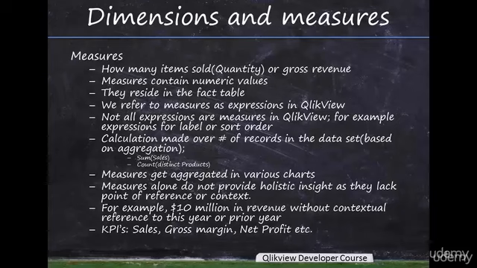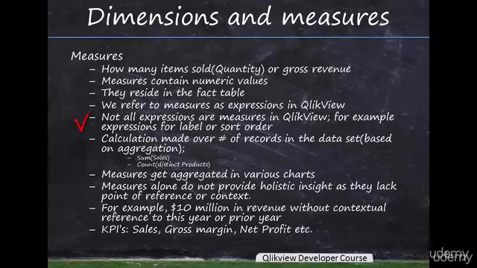So now let's quickly review measures and dimensions. Well, we'll begin with measures first. Measures are numeric values, such as quantity sold or gross revenue, and they reside in the fact table. While in QlikView, we refer to a measure as an expression. That's somewhat of a misnomer, since not all expressions are measures.